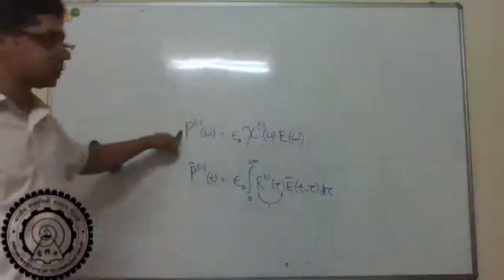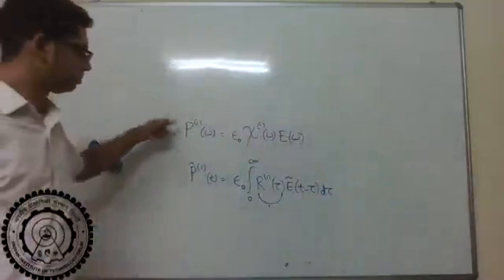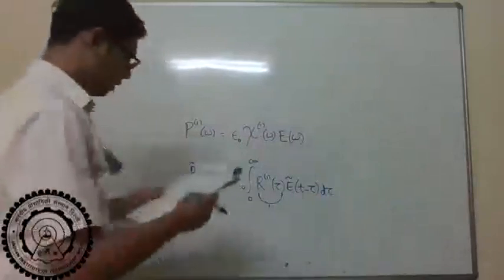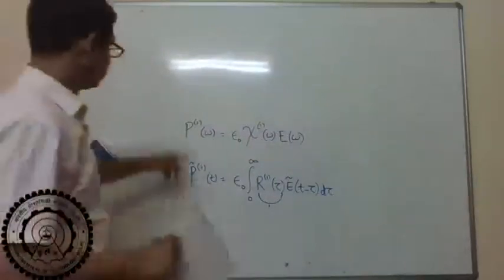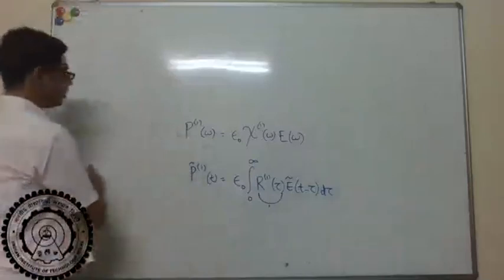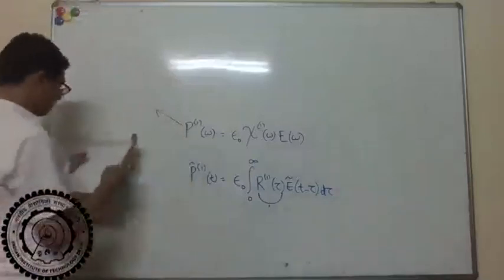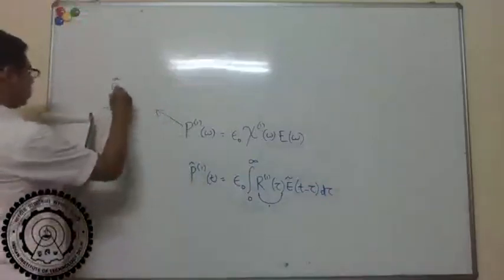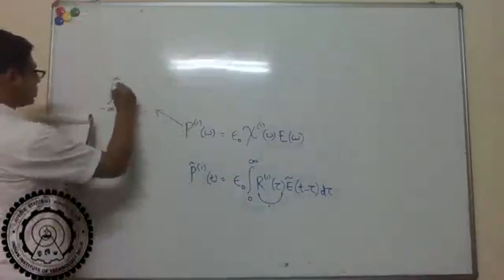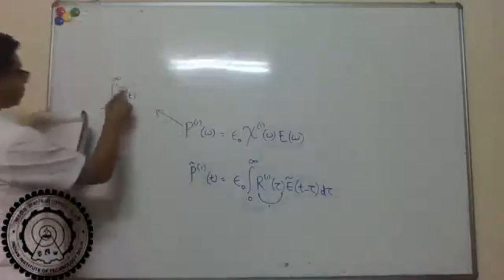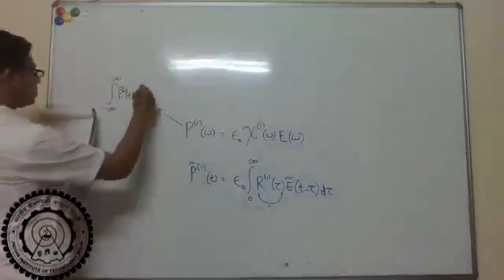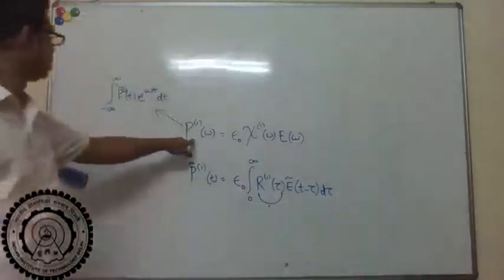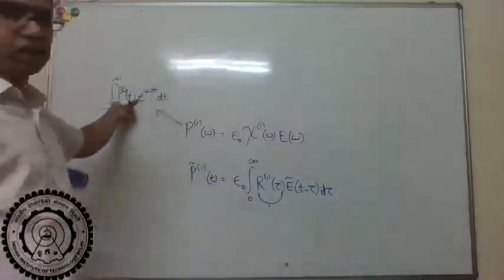So that's the frequency domain description for the linear polarization, and this is the time domain. And of course, the frequency and time domain are related. So P of omega is basically the Fourier transform of the time domain function at omega, right? So P1 of omega is basically the Fourier transform of P1 of t at frequency omega.